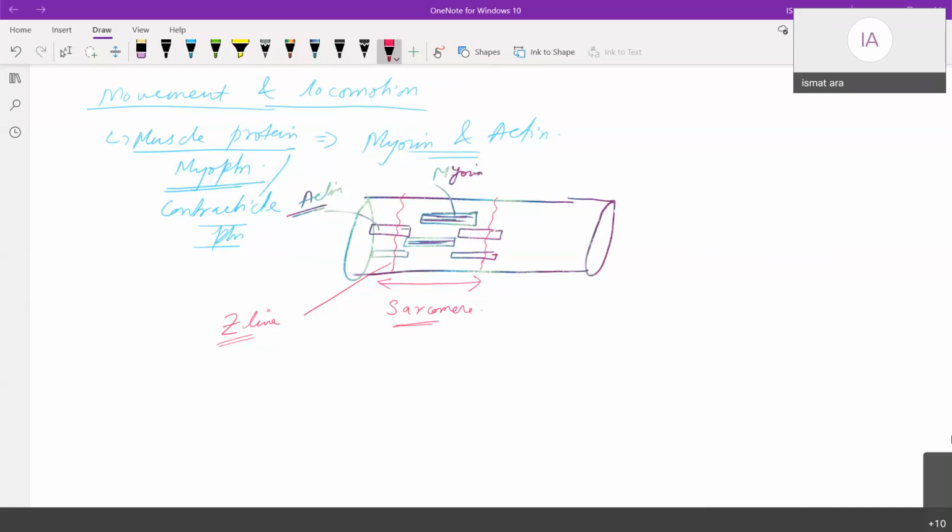Now, myosin as well as actin, till this, where myosin as well as actin, both are there.